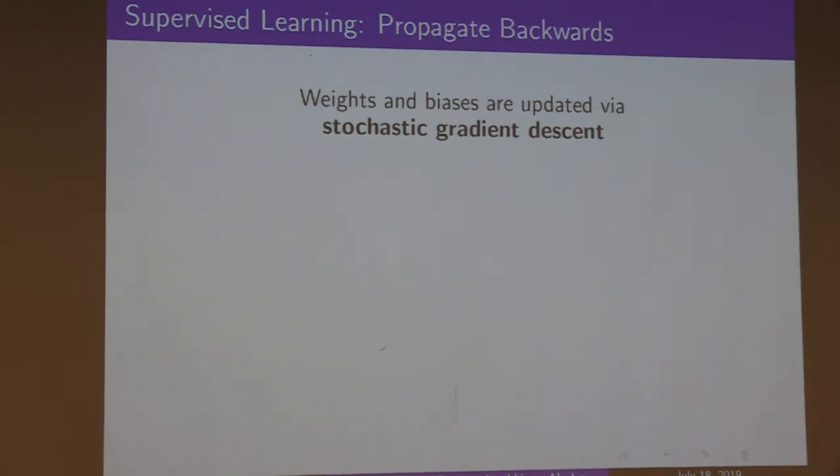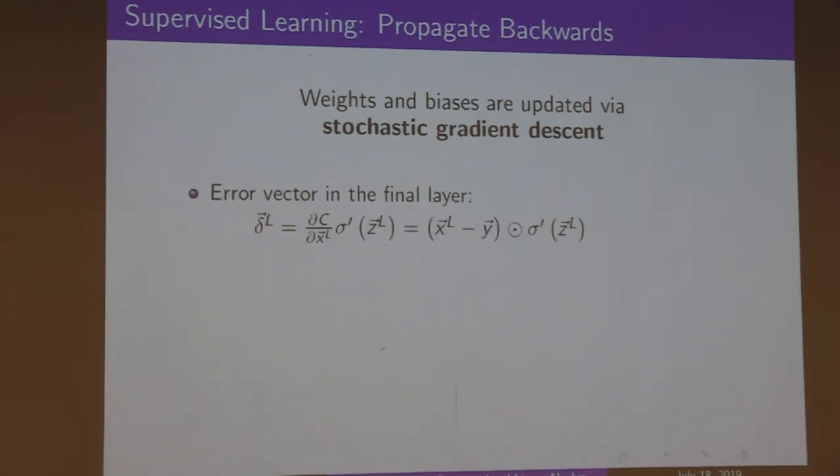The weights and biases are updated via stochastic gradient descent. You might be familiar with this method. Once it feeds forward and you get your output and figure out what the error is, and it will be terrible at the beginning, it will be all wrong, you calculate the error for your layer, and it will be some vector. So each neuron at every point will have some error associated with it.